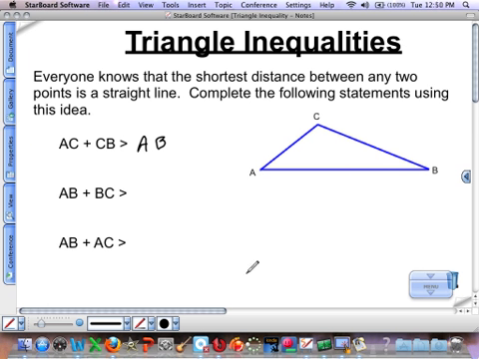What about the next one? AB plus BC must be greater than AC. And finally, AB plus AC must be greater than BC. So the sum of any two sides must be greater than the third side. Otherwise, you can't get a triangle. It's that simple.